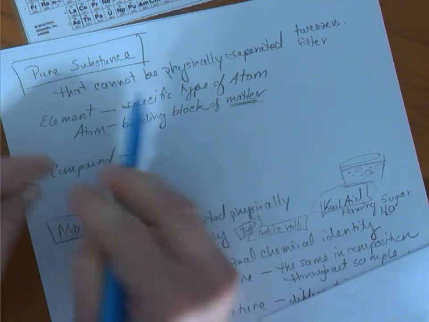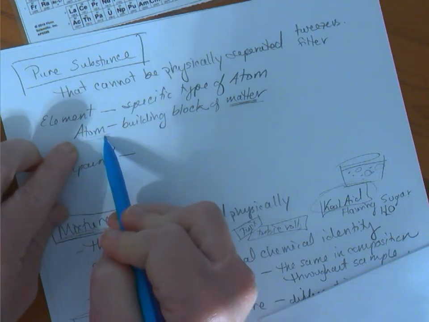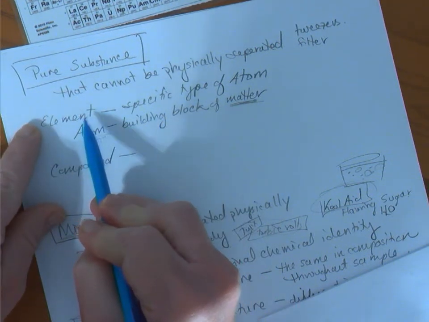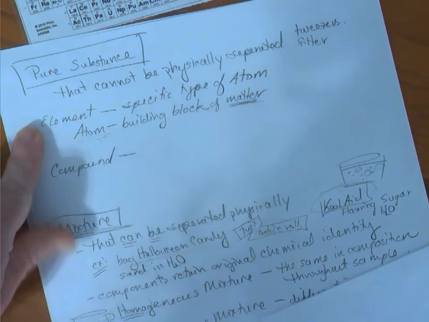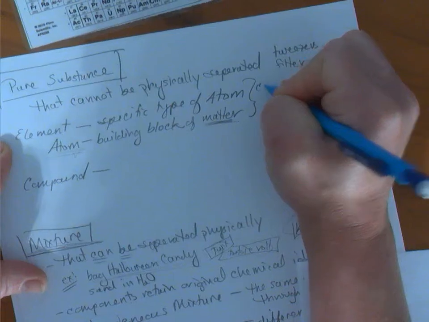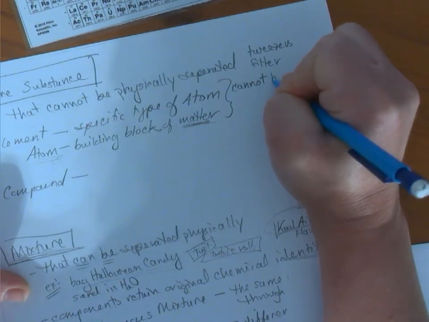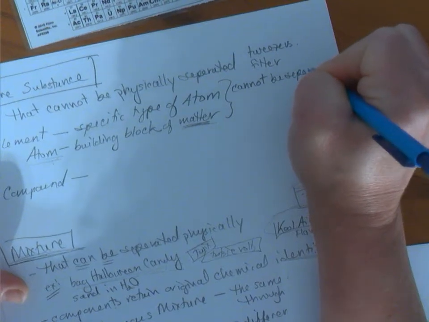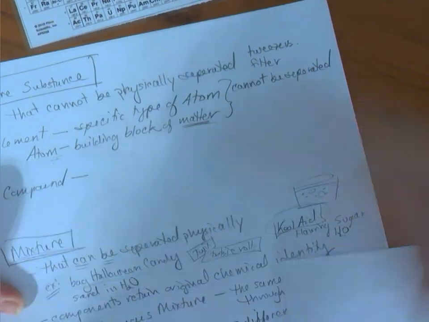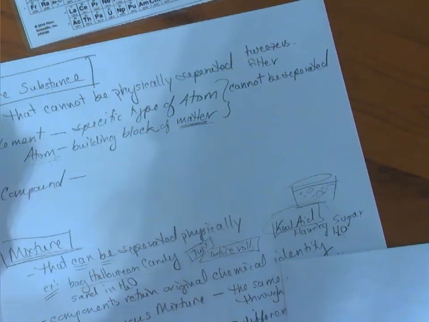But if we look at the number of protons in the nuclei, that determines what element it is. Elements cannot be broken down physically or chemically. So you can't separate the protons, neutrons, electrons with tweezers or by putting it through a chemical reaction.